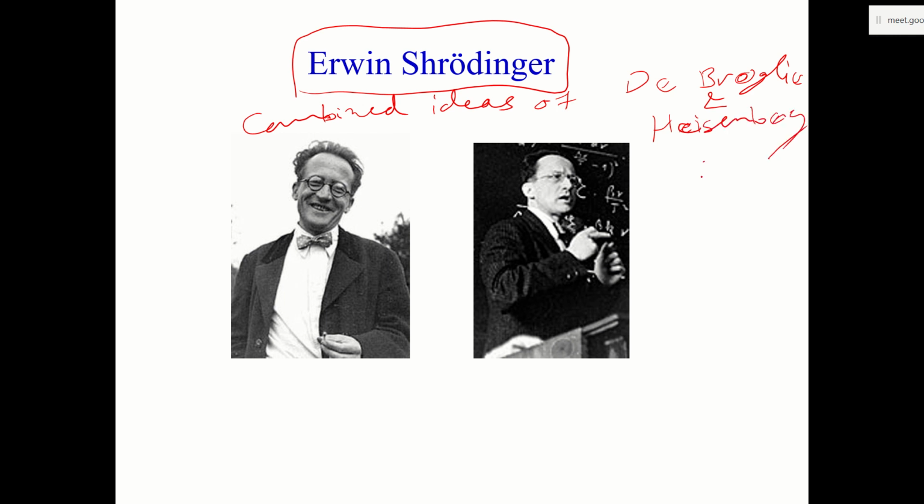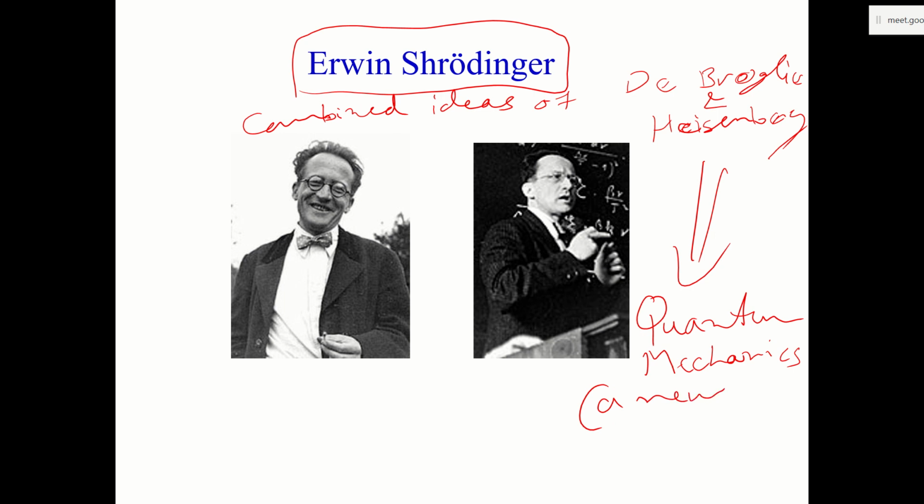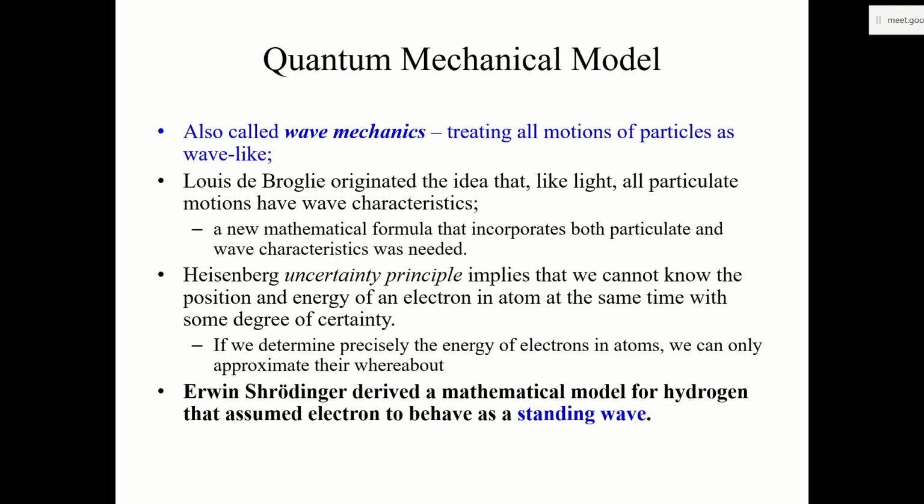Combining these two, he developed a theory which was quantum, a new mechanics developed to describe the motion, completely different from classical mechanics, and that was able to explain the entire thing, the behavior of electron in all kinds of atoms, whether it's a single electron system, multi-electronic system, everything. Okay, so that is the basic.